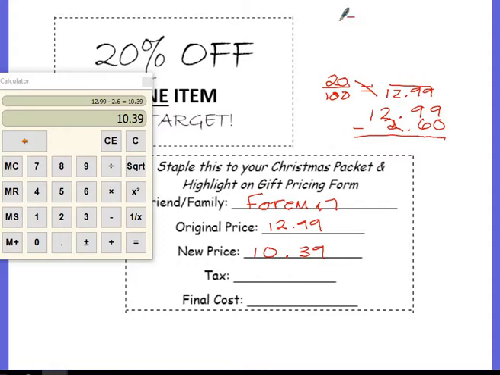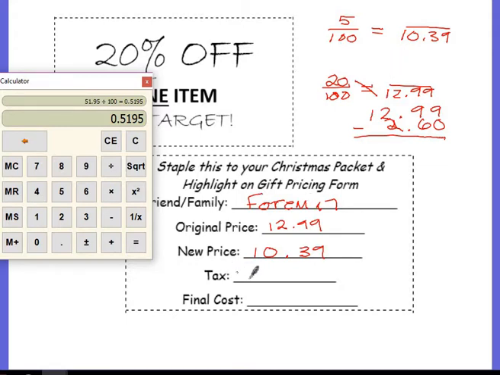So since I'm charging you 5% of tax, I'm looking at my new amount to find tax. So that would be $10.39. So 5 times $10.39 equals that. And then I divide by 100.